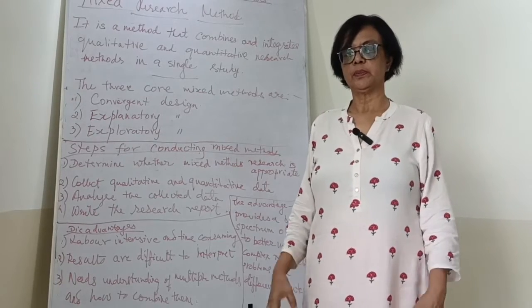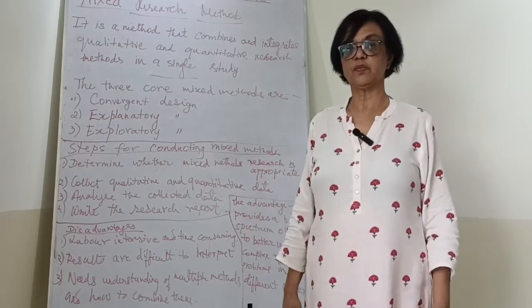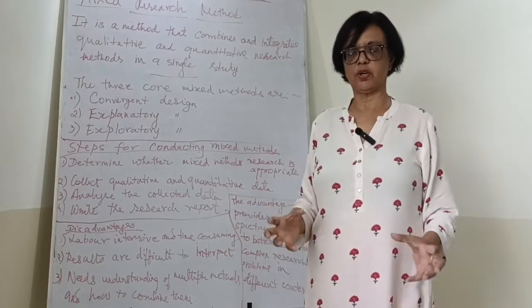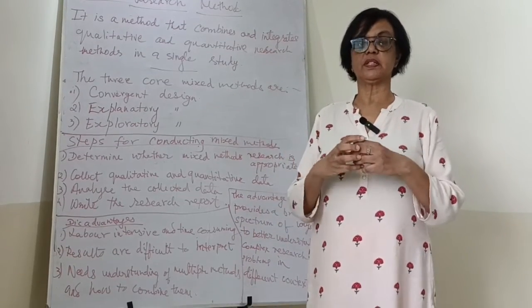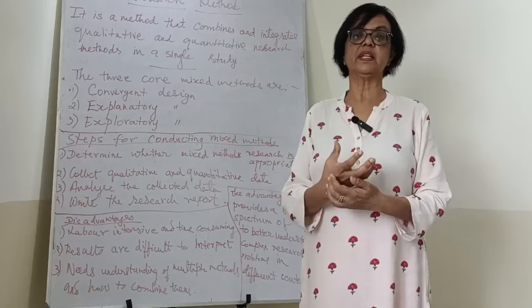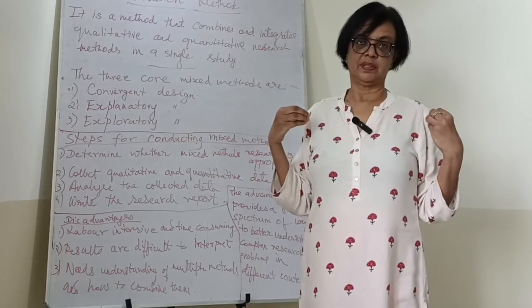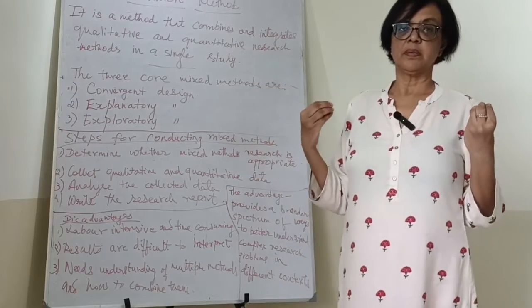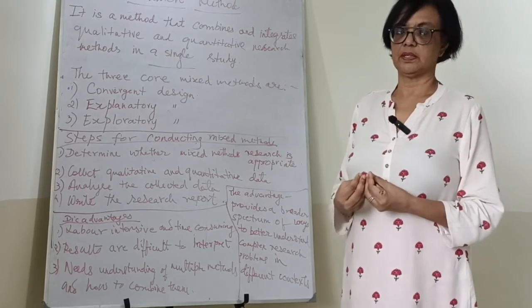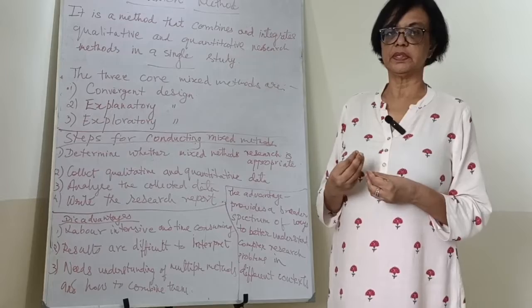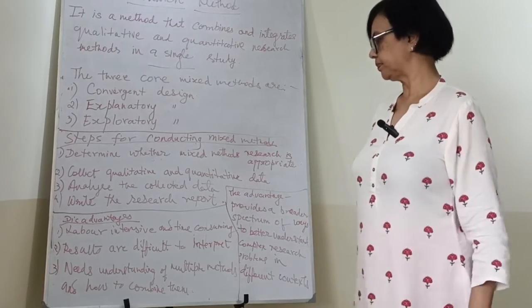Because here qualitative method is involved, quantitative method is also involved. We have to collect both kinds of data, and then you have to combine them to make a mixed research method. So it involves multiple research methods. So it is a disadvantage too.